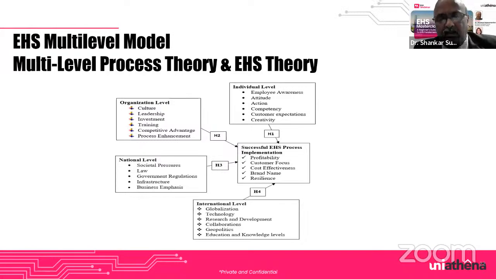It was donated free of cost. And also we took care of our population on top of that. So these are some of the geopolitics which happens, and you should be aware of it. And education and knowledge levels are improved, and the technology is used for taking care of the EHS.